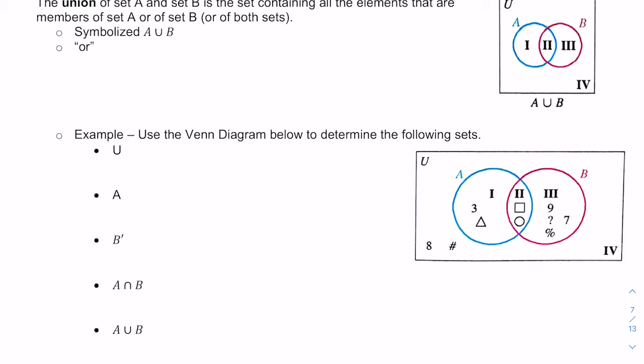So this is pronounced A or B. You can also refer to it as A union B. And remember that OR means union, just like AND means intersection, and complement means not. So when we're dealing with OR, we're looking at both circles together.